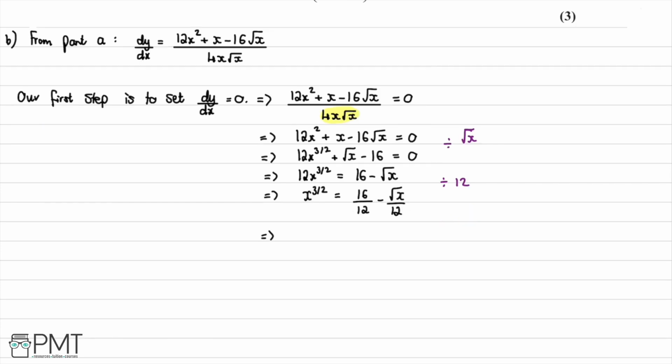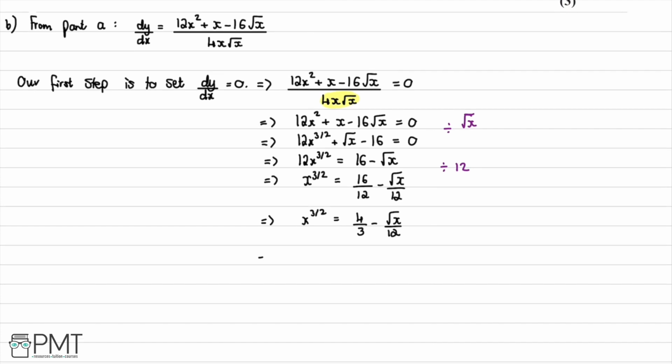Then the next step is just to simplify this right-hand side. We'll keep the x to the power of 3 over 2. We know that 16 over 12 can be simplified to 4 over 3, and our root x over 12 remains the same.